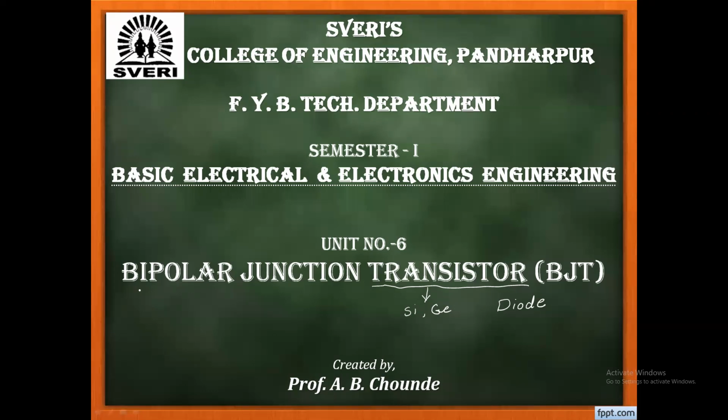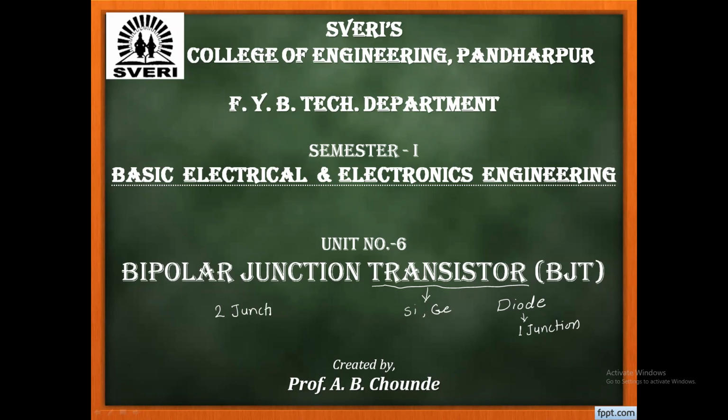But the name it is given is bipolar junction. It means that, as you know, a PN junction diode has one junction, one depletion layer. But this transistor has two junctions or two depletion layers.